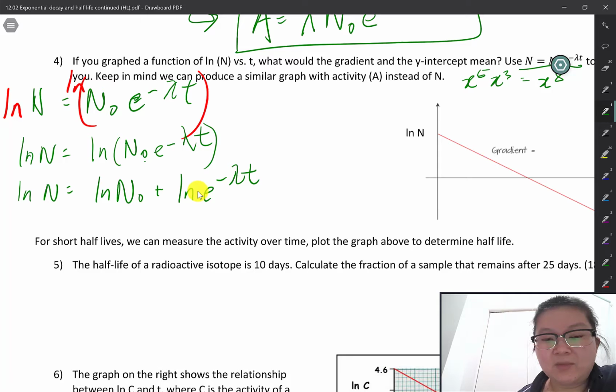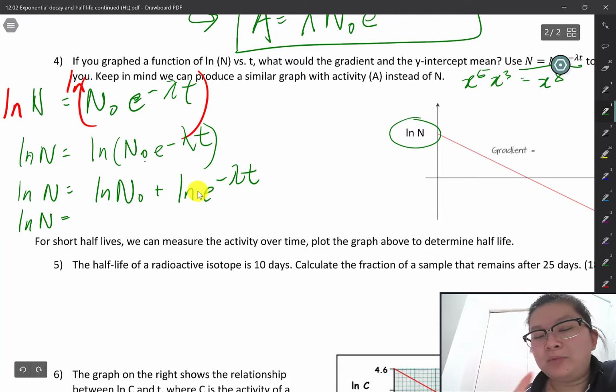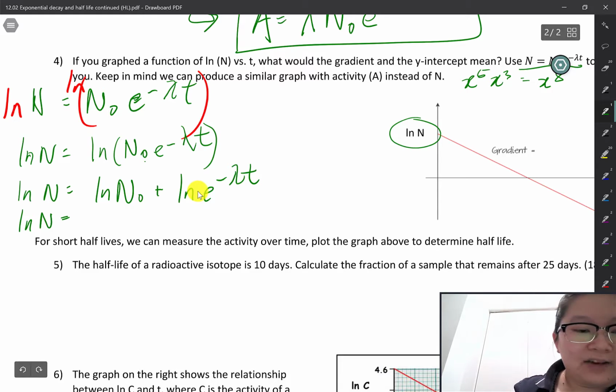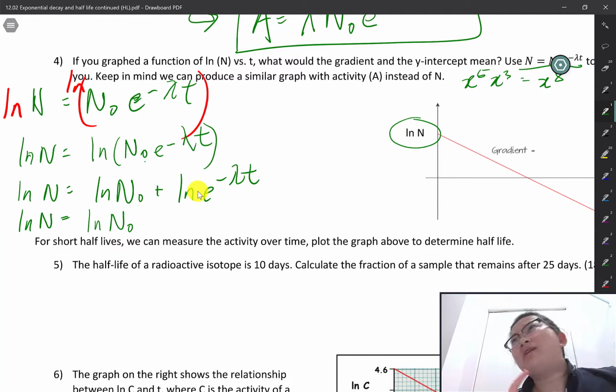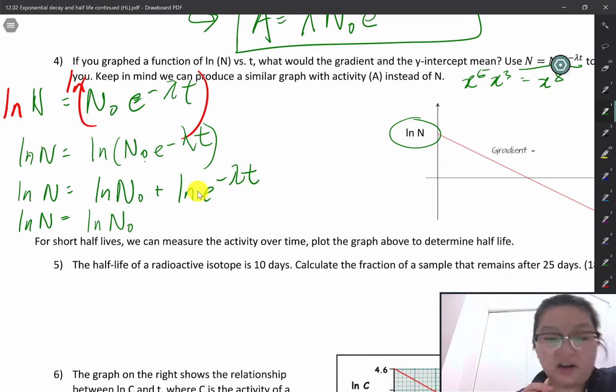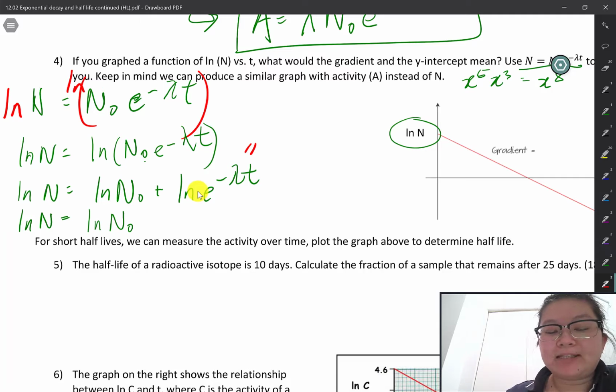So this can be simplified even more. Natural ln of N cannot be changed, and this is fine because we actually want that plotted on our y-axis. But we are left with ln of N naught, and don't forget, N naught is a constant. It's the amount of radioactive nuclei we start off with. And to take ln of e to the power of negative lambda t, I did show this earlier, it is okay to drop the exponent in front, because that's the only power ln is applied to.